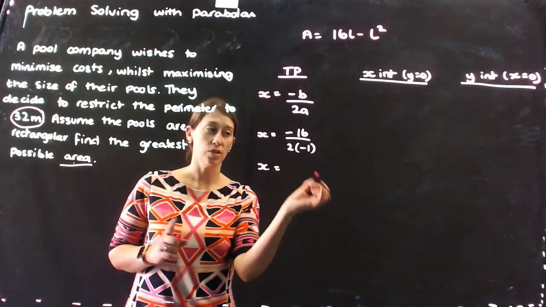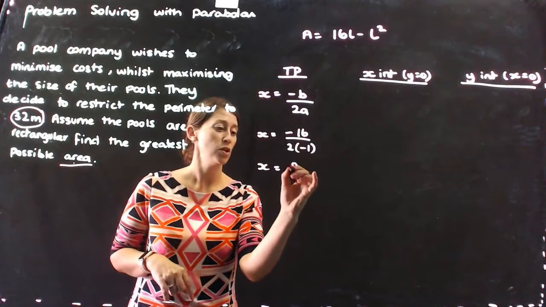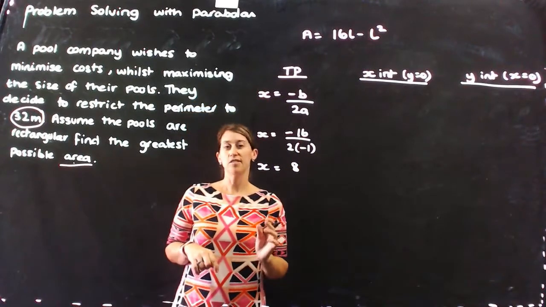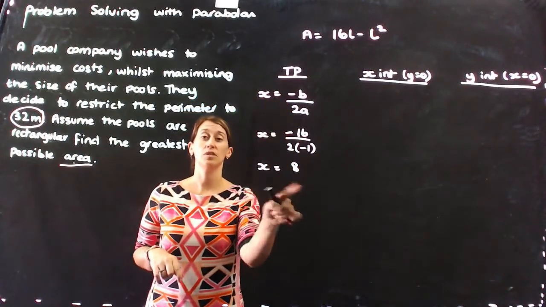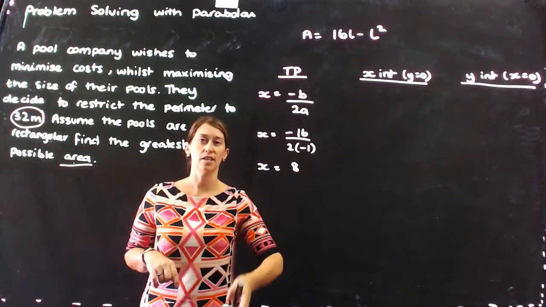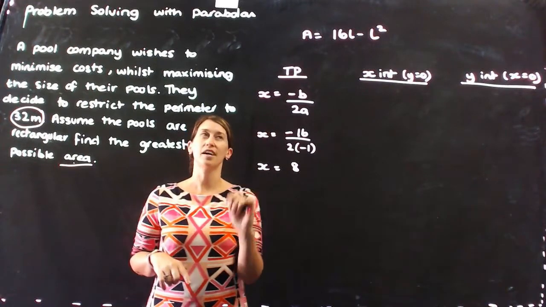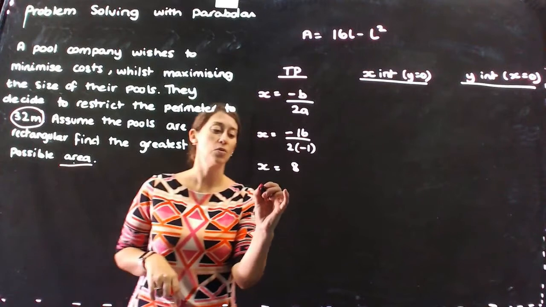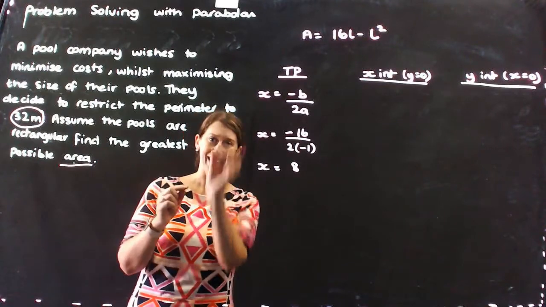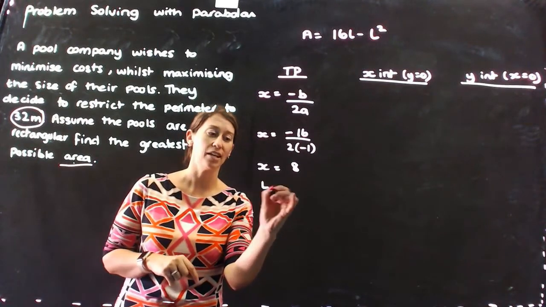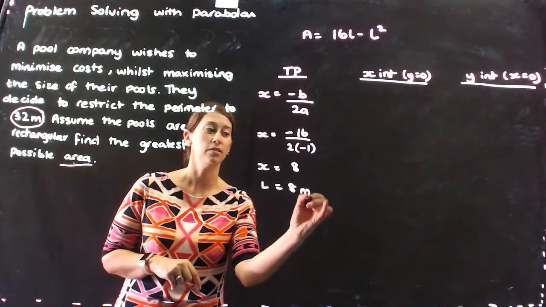So x is minus 16 over minus 2, which is 8. That tells me that my turning point is occurring when x equals 8. Now x in this case is L. When I plot the graph, I'm going to be plotting A against L. So technically L equals 8 metres.